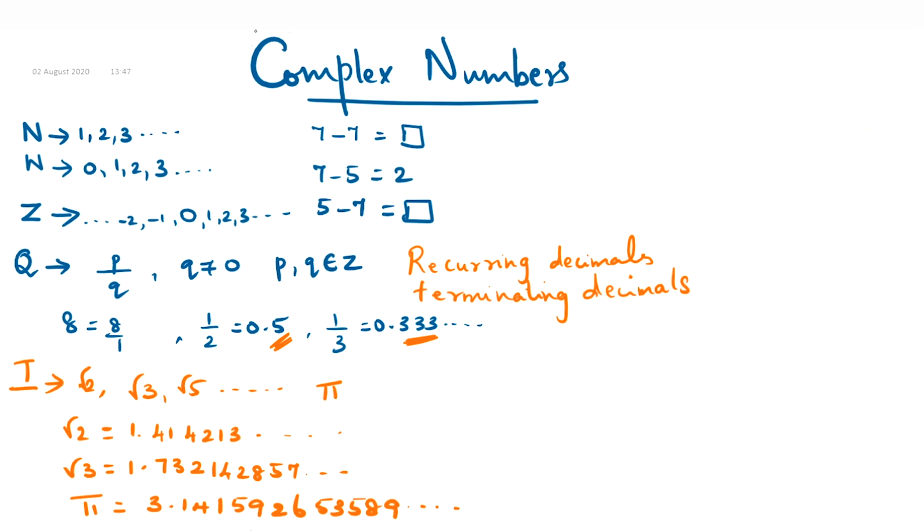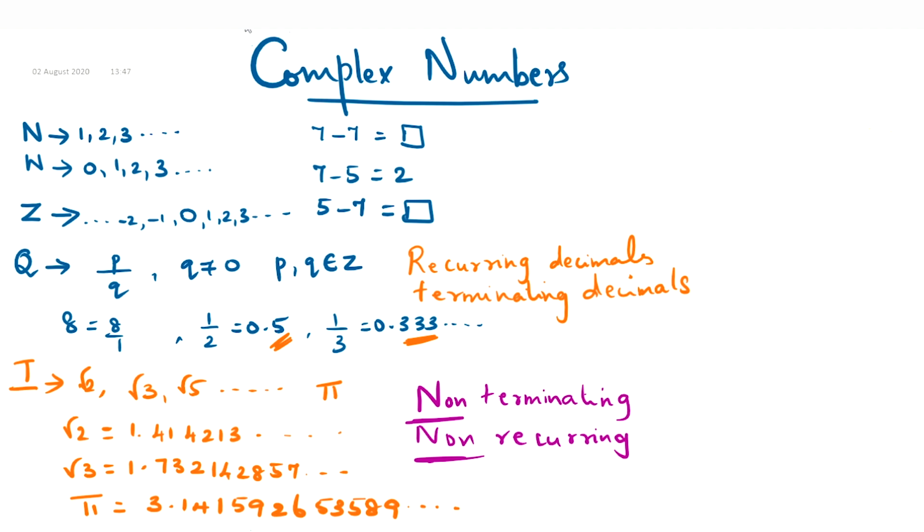So irrational numbers are non-terminating and non-recurring decimals.